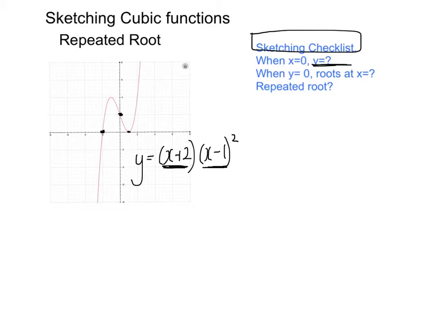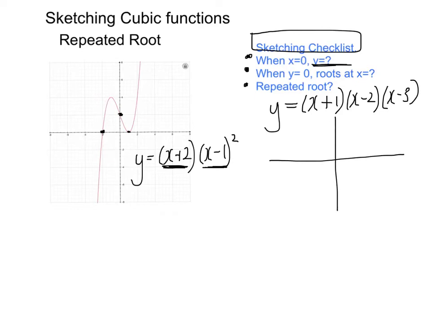So things to notice are, you need to find where it crosses the y-axis, you need to find where it crosses the x-axis, and then you need to check to see if it's got a repeated root. So if we had y equals x plus 1, x minus 2, x minus 3, the sketch of that, first of all, when x is 0, we're going to find out where it crosses the y-axis.